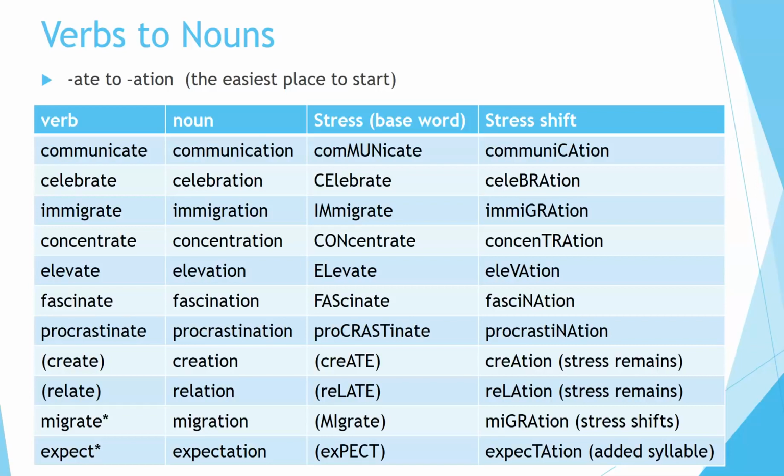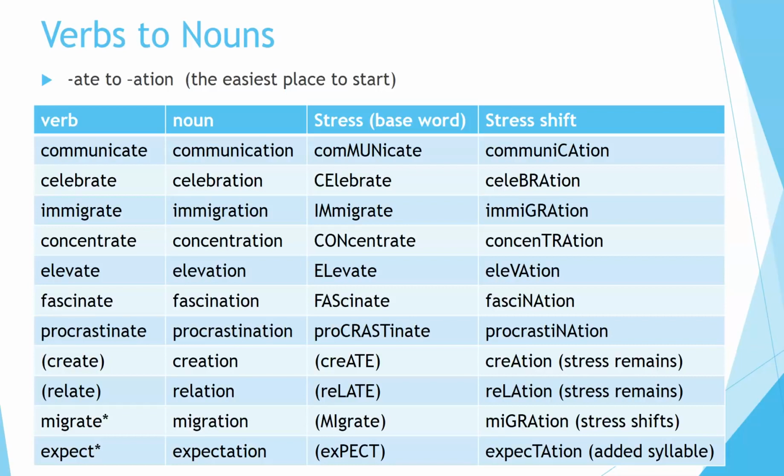Relate, relation. Now, not all 2-syllable words do this. A special case would be the word migrate. Did you hear the stress here? The stress is on the first syllable with migrate. So it has to shift to the second syllable when we add the TION, migration.